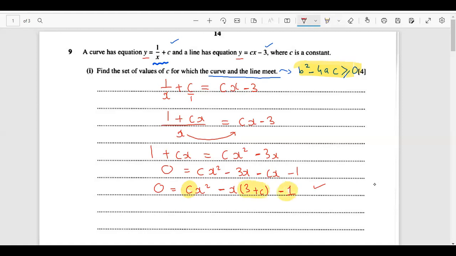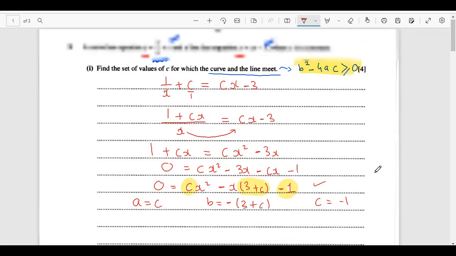Okay, so I need to plug in the values of a, b, and c in the conditional inequality I made. So a is going to be c, b is going to be minus 3 plus c, and c is going to be minus 1.